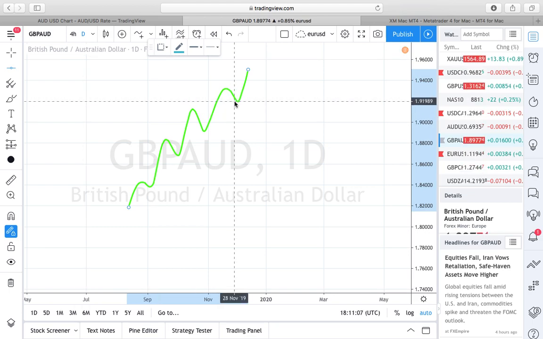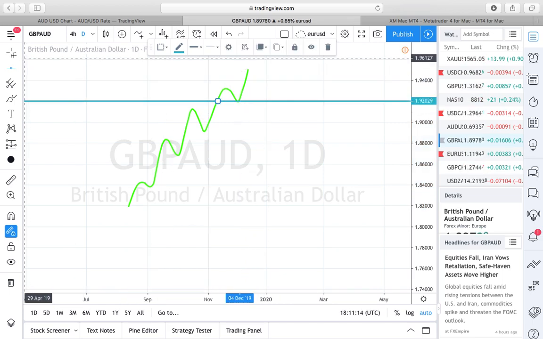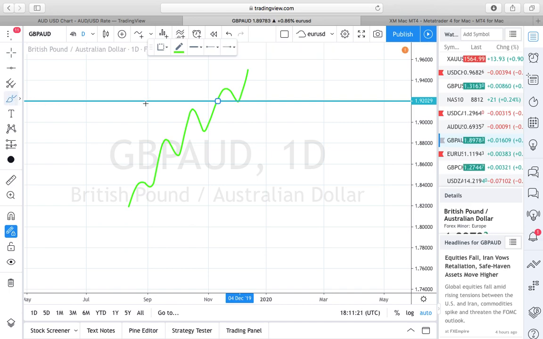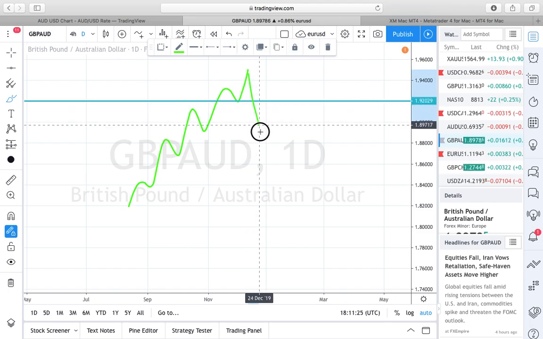So this now becomes your previous low, this level here. Okay, there we go. So this now becomes your previous low, right? So for structure to be broken, we need to break that previous low. So we need the market to do this, come and break.